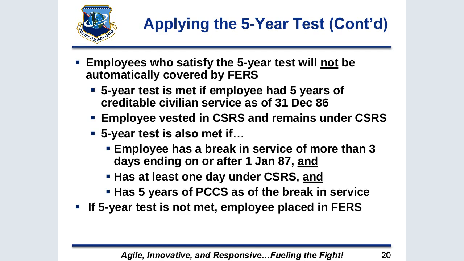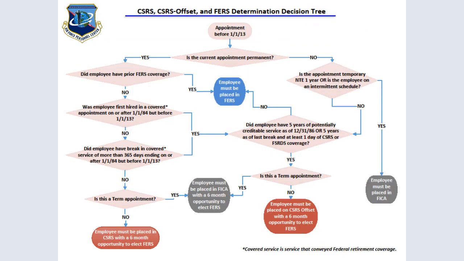The 5-year test is also met if an employee has a break in service of more than 3 days ending on or after 1 January 1987, has at least 1 day under CSRS, and has 5 years of potentially creditable civilian service as of the break in service. If the 5-year test is not met, the employee will be placed in FERS. The next slide provides a decision logic tree.